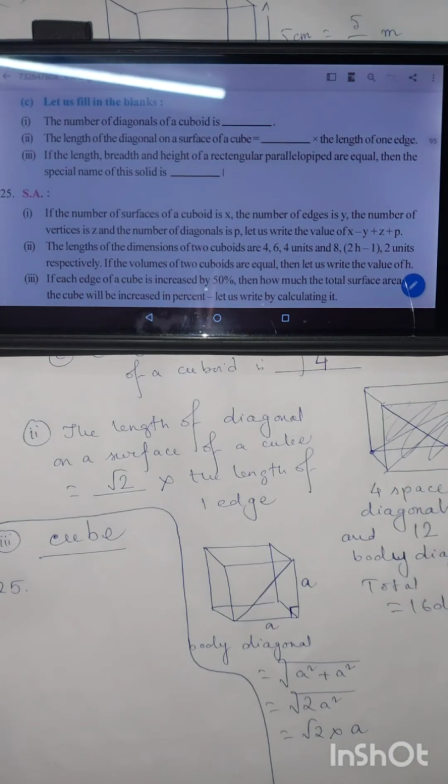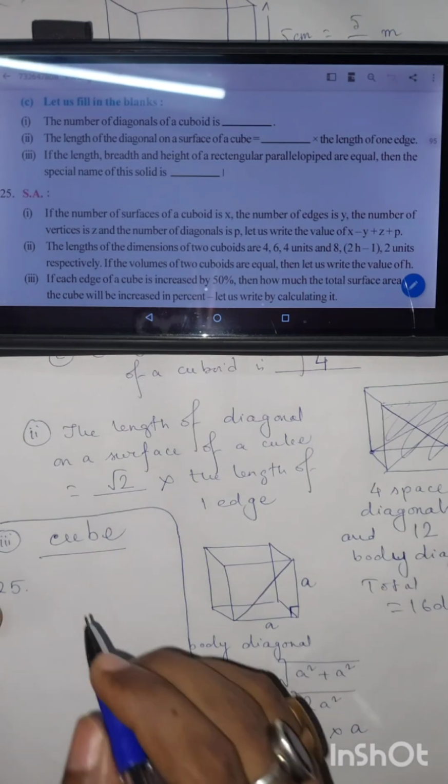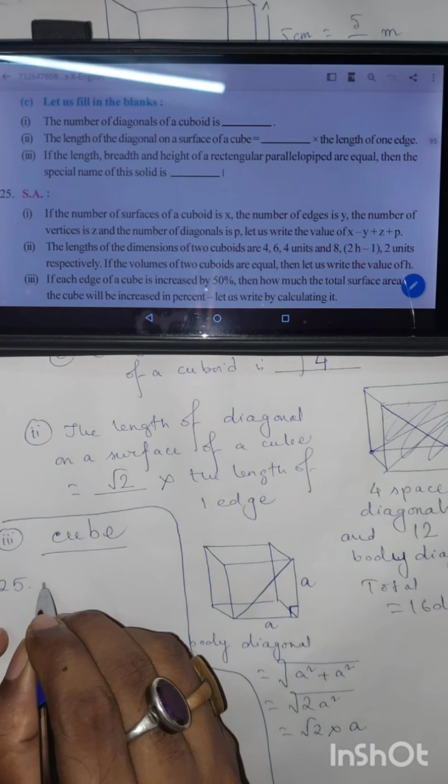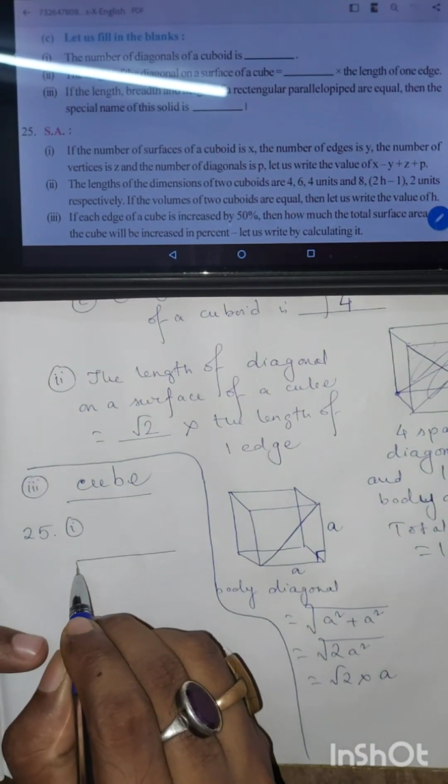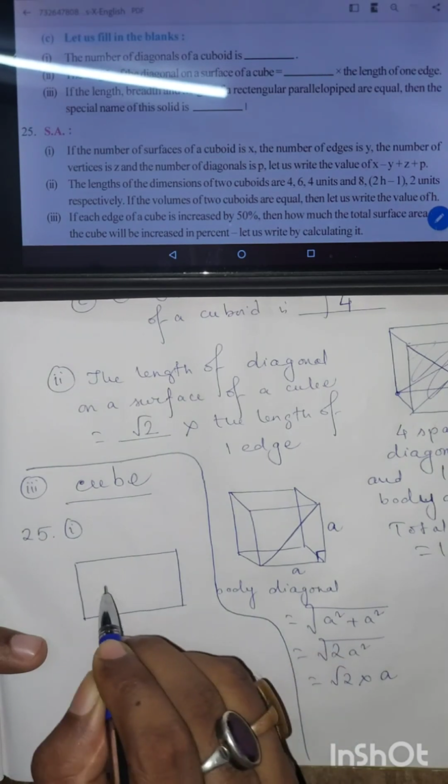Question number 25 says, if the number of surfaces of a cuboid is x, the number of edges is y, and the number of vertices is z, then the number of diagonals is p. Then let us write the value of x minus y plus z plus p. So this is our cuboid.